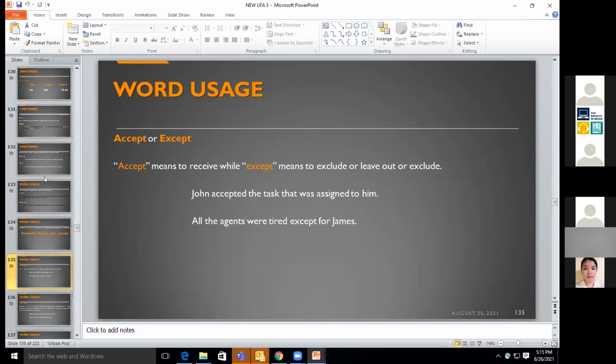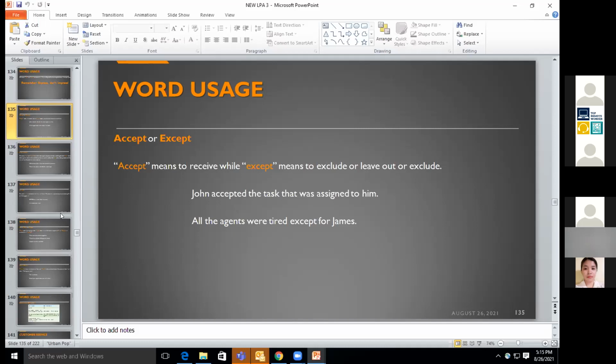Okay. This is just some word usage. The difference between the two, accept and except. Sometimes we interchange them. Again, accept means to receive, while except means to exclude or leave out. John accepted the task that was assigned to him.